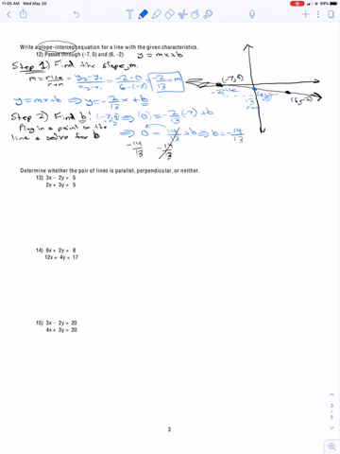So now we have b. And that implies our slope-intercept form equation, y = -2/13 x plus -14/13, which is y = -2/13 x minus 14/13. There it is.